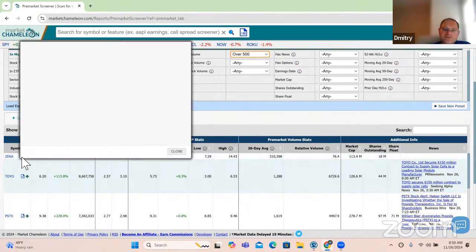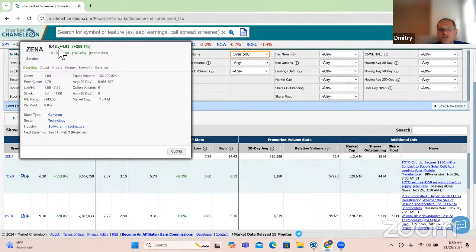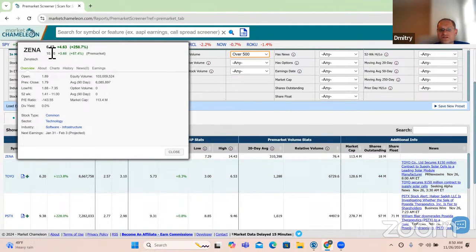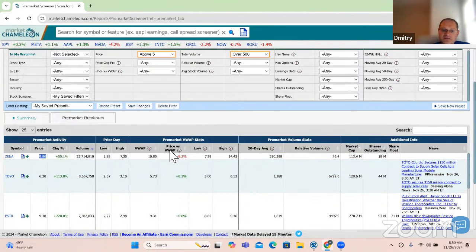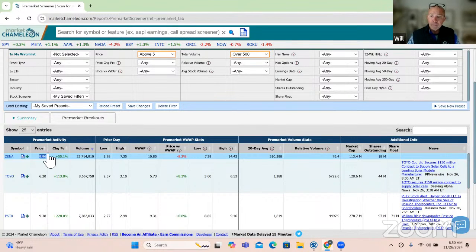If we open this little informational sheet, you can see yesterday it closed at $6.42, but it was up 258% yesterday. And now it's trading at $9.96, so that's above yesterday's high price. Okay, so those are the 2 reference prices over here.